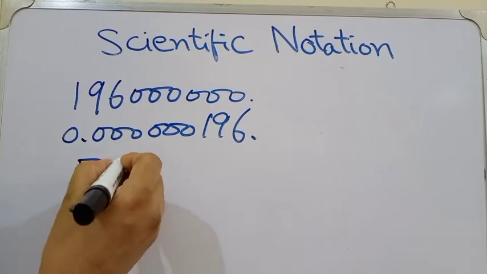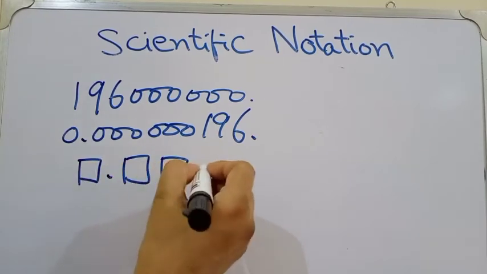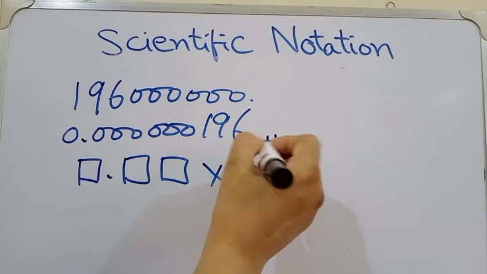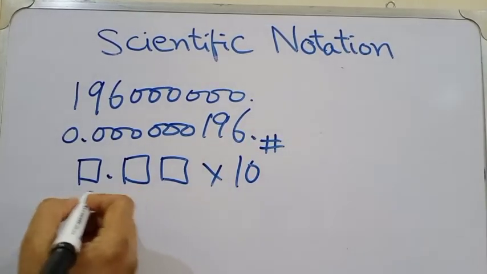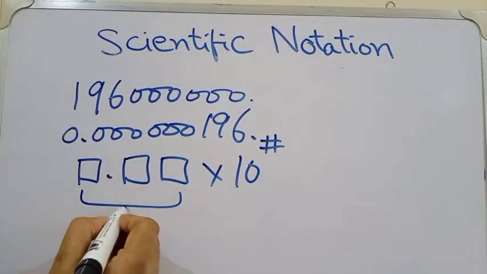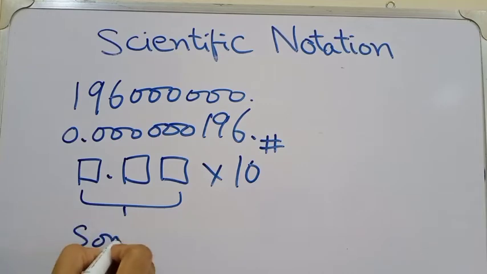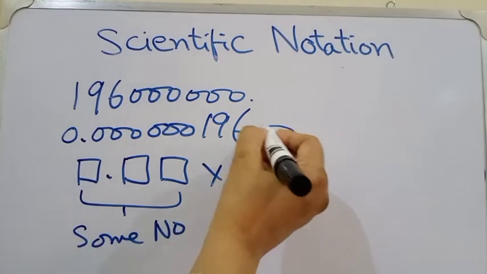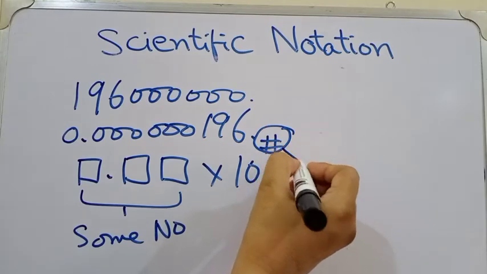In the form we write, there is a place for some number and a place for some exponent.